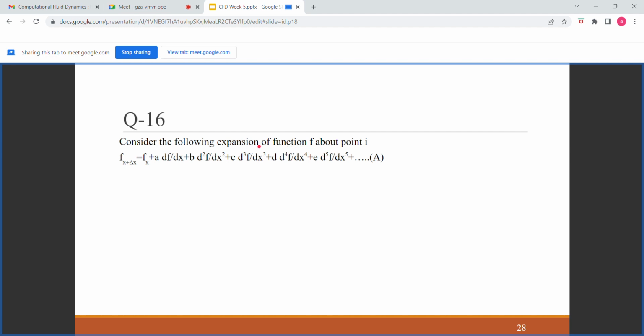This is the equation A. The value of b in equation A is, what is the value of b in this equation? This we know is the Taylor series expansion. So what would be the value of b in this equation? Can anyone say the answer?